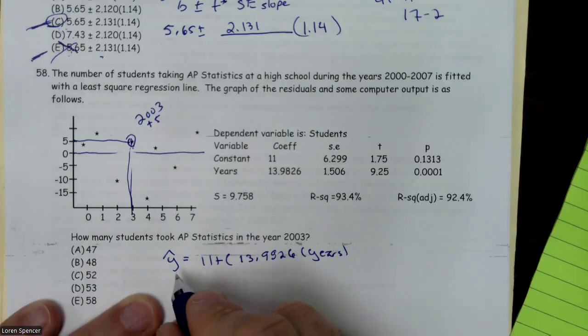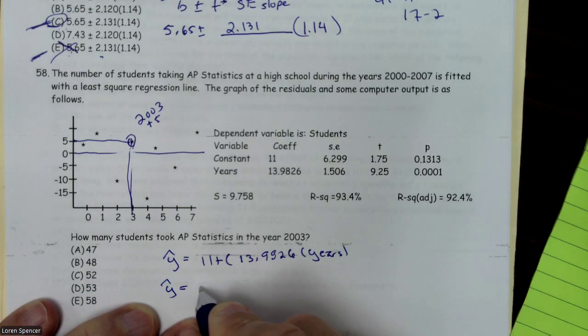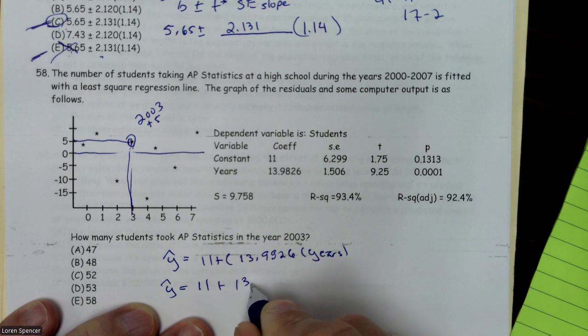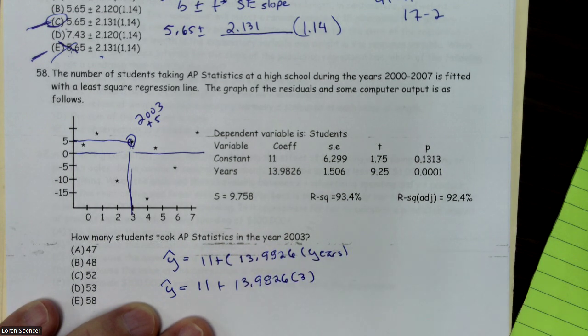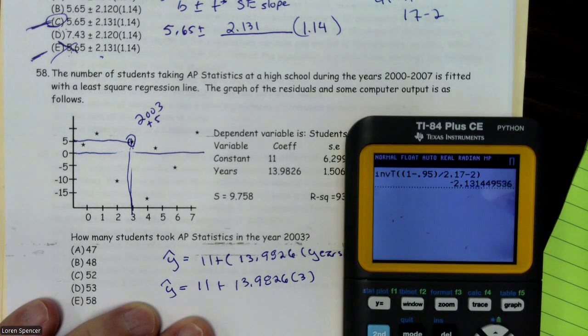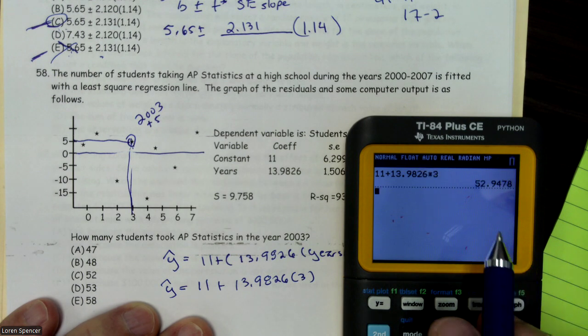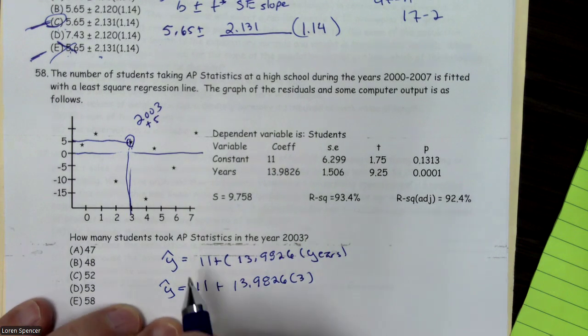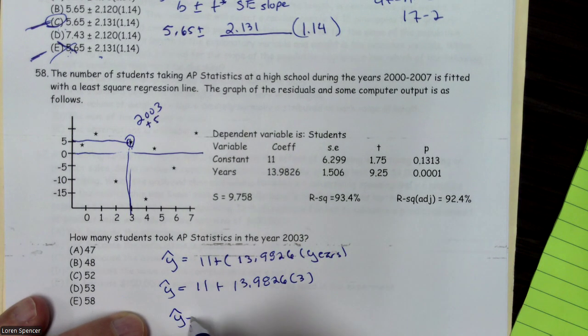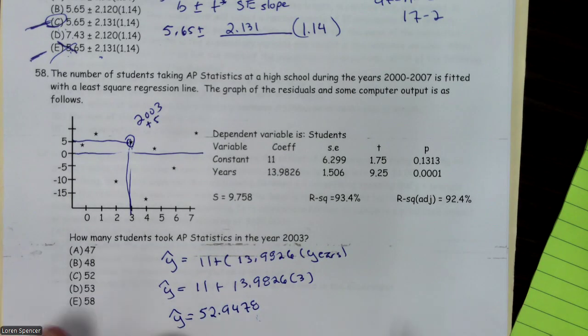Well, that's going to be y hat equals 11 plus 13.9826 times 3. So that's 52.9478. So y hat equals 52.9478. That's what we predicted. All right, that's our predicted.